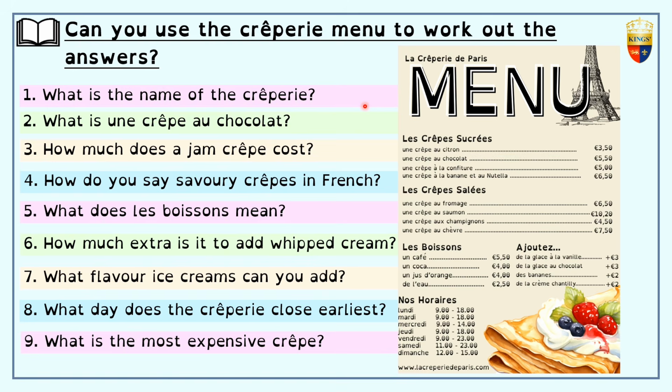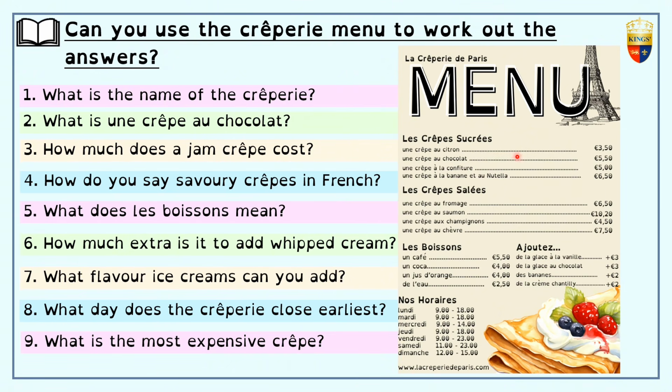I'm going to leave you now to have a quick look at my menu and then try and work through these 9 questions, which are all asking something about the menu. Even if you cannot understand everything on this menu, you should be able to use what you've learned so far to try and figure out these answers. I said this last week, but when you're learning a language, you do not need to understand every single word.